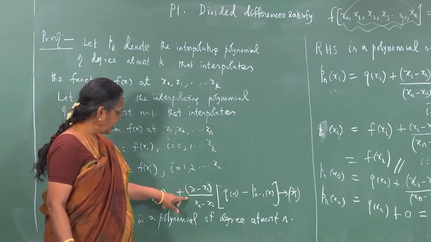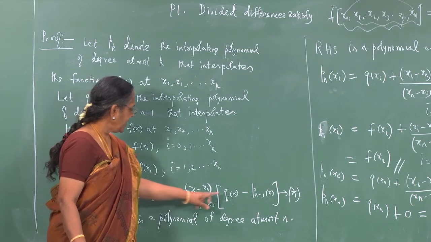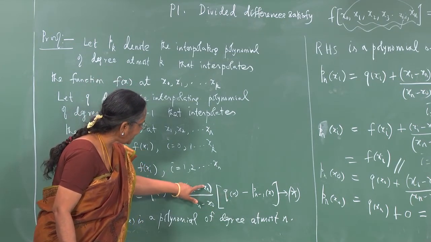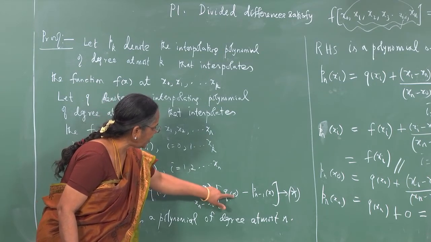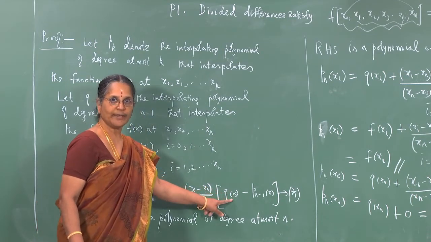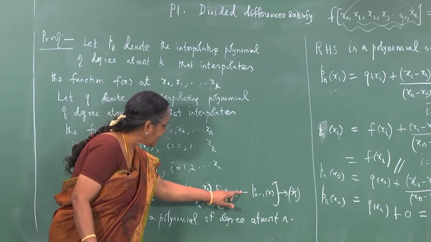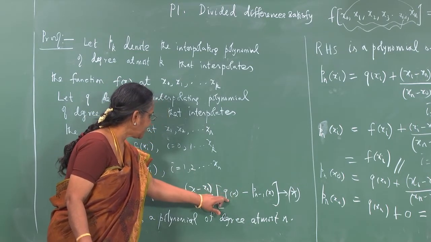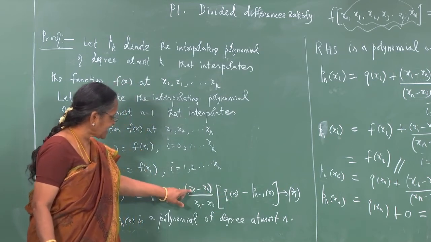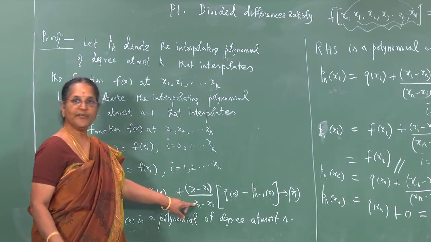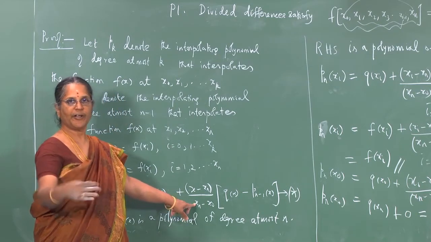So, the coefficient of x to the power of n coming from this polynomial is going to be, see, x minus xn multiplies a polynomial of degree n minus 1, right. So, this higher x power n minus 1 coefficient multiplies the x term with 1 by xn minus x naught as the coefficient, which will give you the coefficient of x to the power of n.